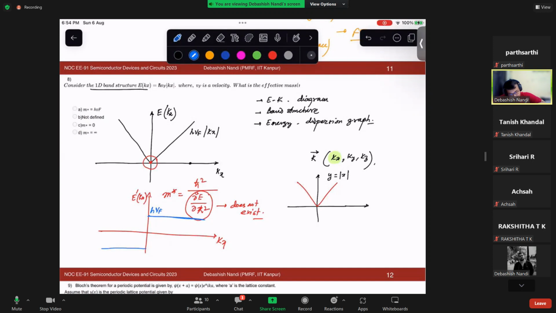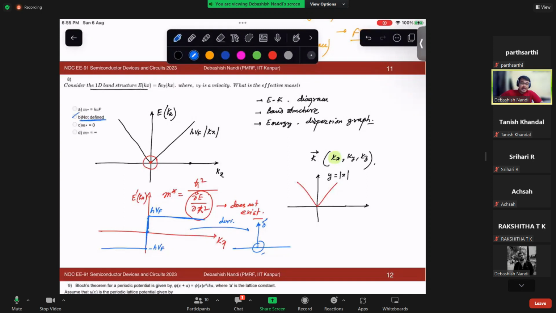This would be minus ħ v_F. There is a discontinuity, right? And we have seen that this kind of step function, not actually the unit step function, has a derivative that is a delta function, right? Which is not real. If you take the derivative of this, you will find some delta function. That means that derivative does not exist, so your effective mass is not defined.